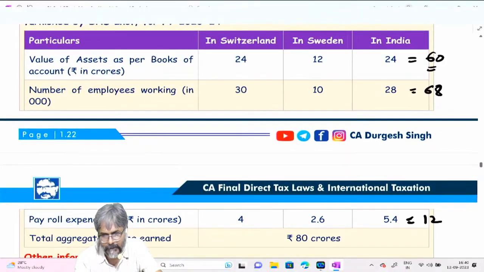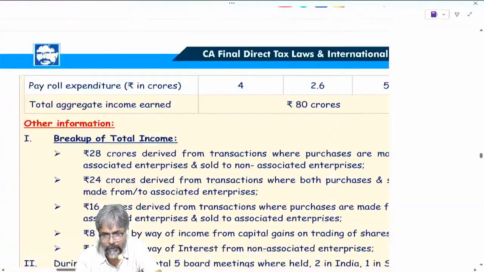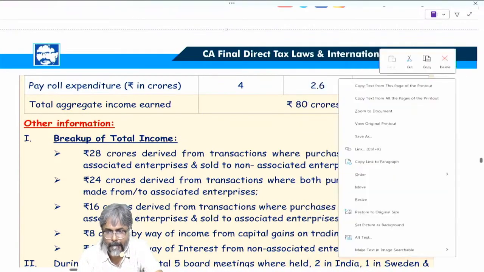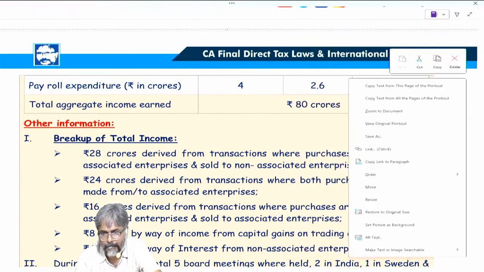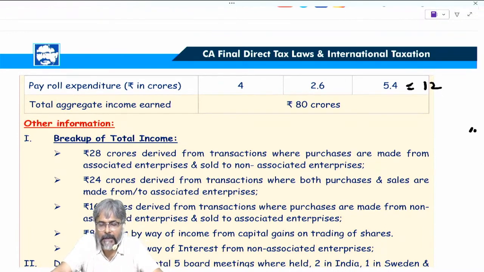Now if you see the bifurcation over here, of the breakup of the total income, 28 crores is derived from the transactions where purchases are made from associated enterprise and sold to non-associated enterprise. So will this be considered as a passive income? Will it be considered as a part of passive income?